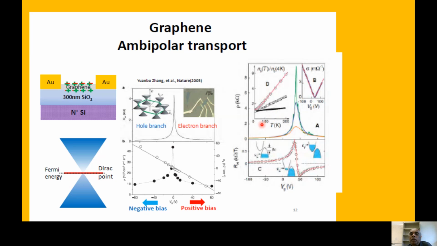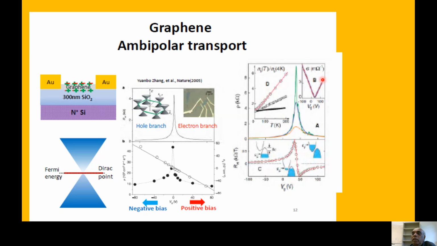Then here it shows how the conductivity changes. You can change your conductivity by doping with both, applying a positive voltage, which means you are applying more negative charges, or applying a negative voltage, which means applying positive charges.